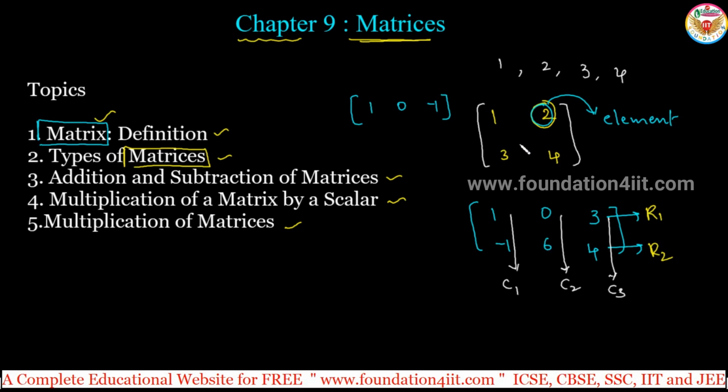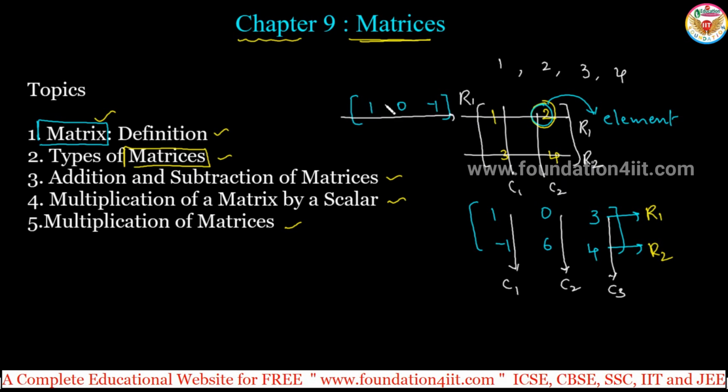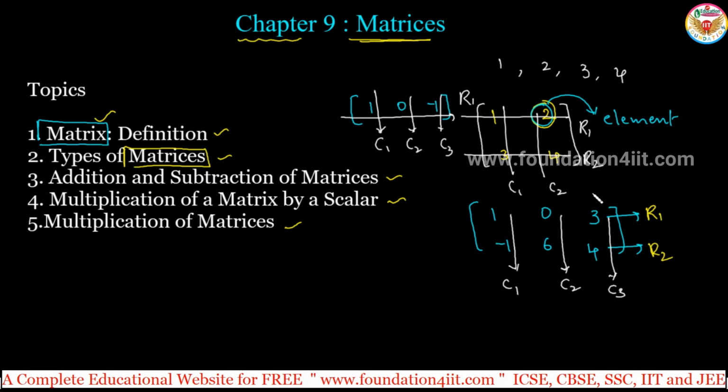So vertical lines are columns, horizontal lines are rows. Here there are two rows, R1 and R2, and two columns, column 1 and column 2. This example has only one row, but there are three columns: column 1, column 2, column 3. So rows are horizontal lines and columns are vertical lines.